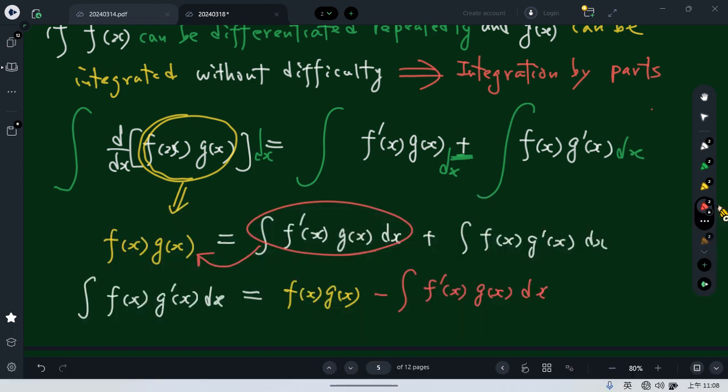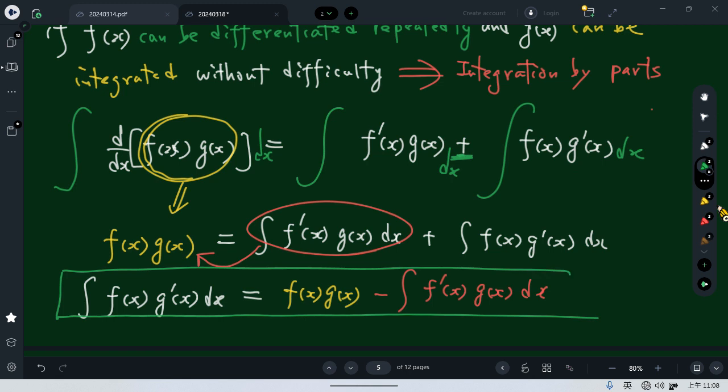You can see this is the final result we want. So originally you face an integral of f of x times g prime x, and it can be converted to f of x times g of x minus the integral of f prime x times g of x.